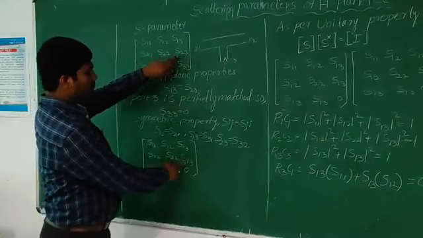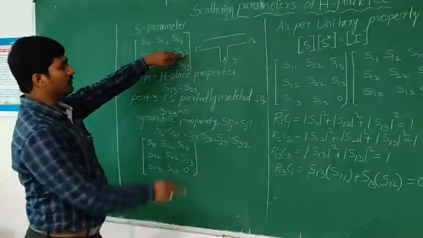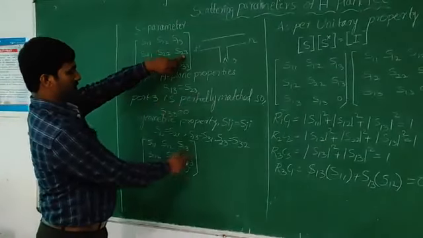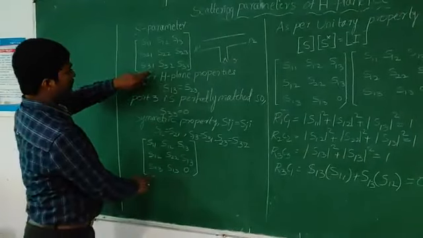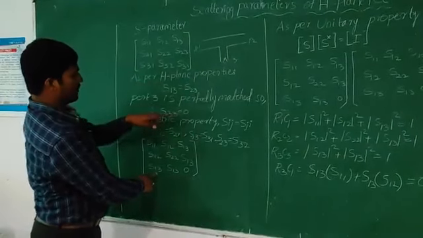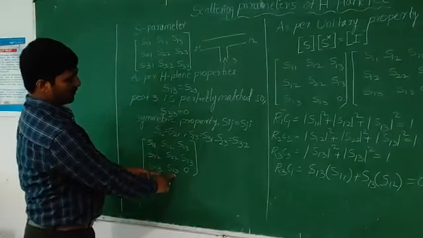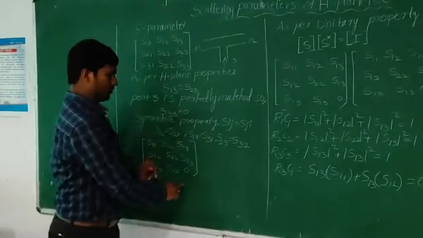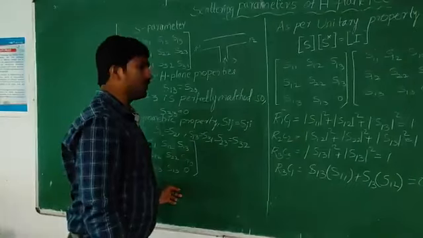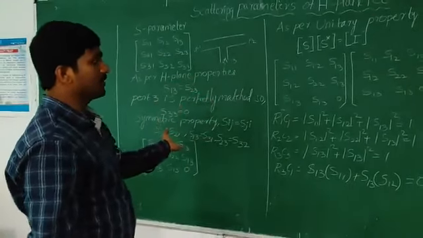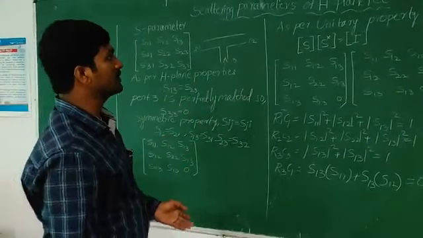S22 stays the same, and instead of S23 we write S13. S31 we write as S13 as per the symmetry property. Instead of S32 we write S13, and S33 is equal to 0. Using these values, we can derive the scattering parameters.